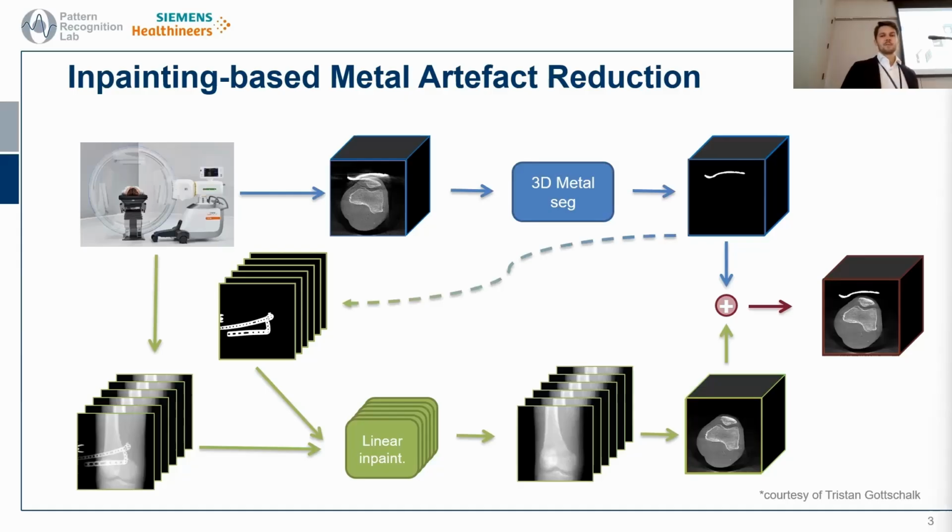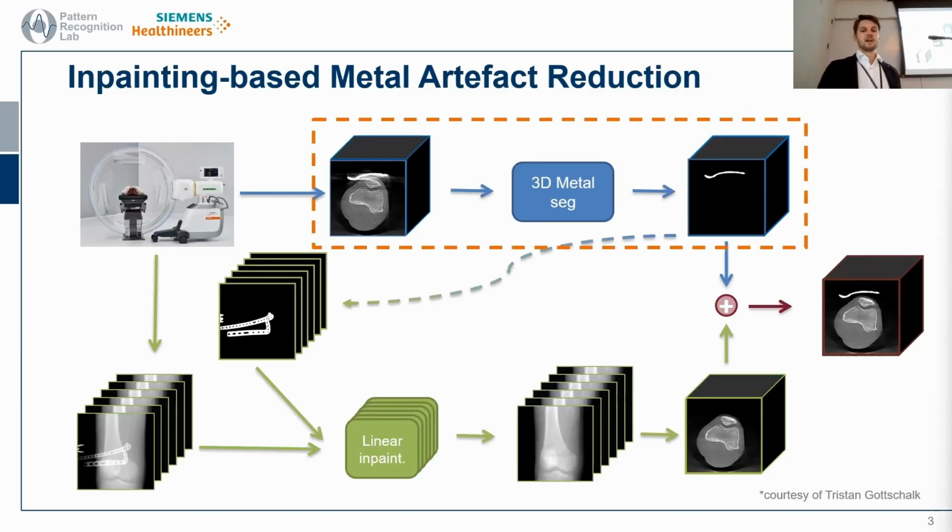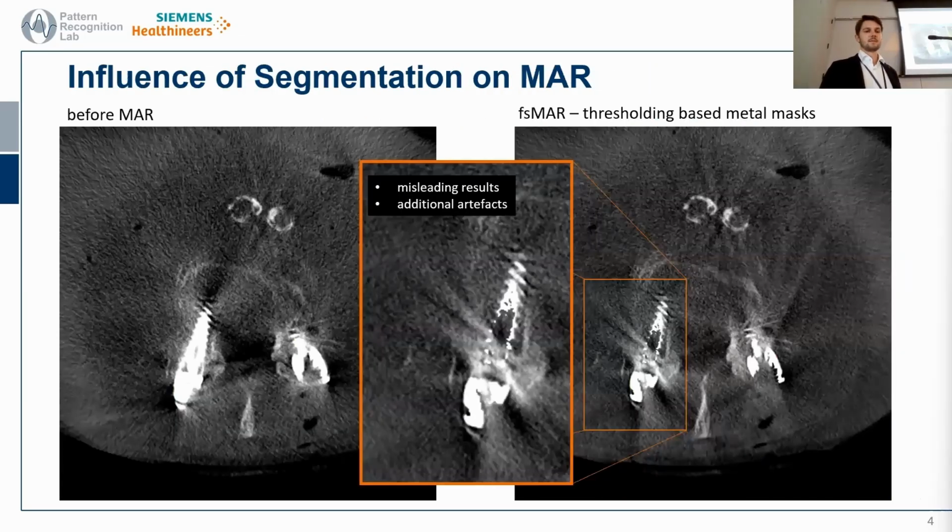If we examine this pipeline more closely, we can see a clear dependence on this first initial step. So if the 3D metal segmentation fails, the rest of the pipeline will also suffer. To see an example of how the pipeline suffers if the segmentation fails, we can compare these two images. On the left-hand side here, you can see an example without metal artifact reduction.